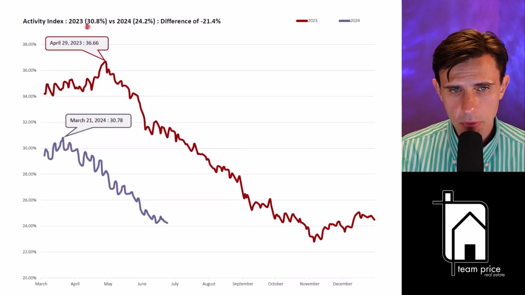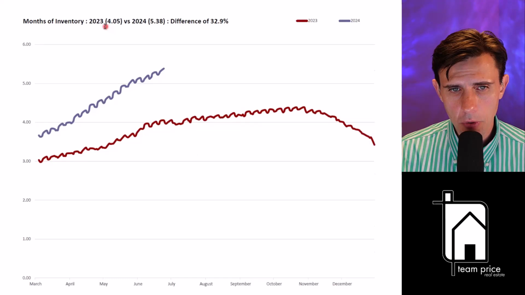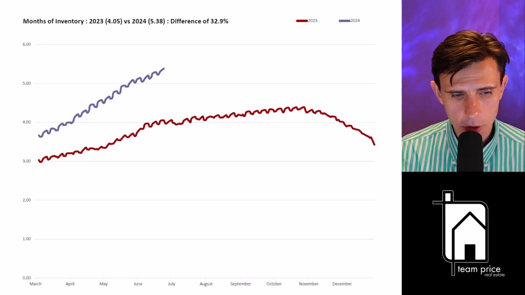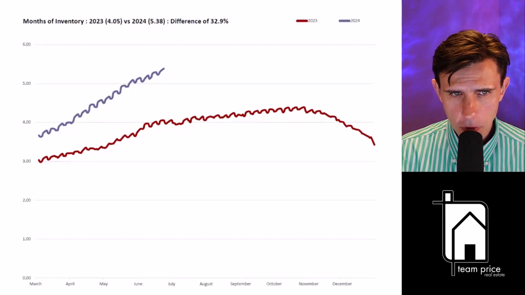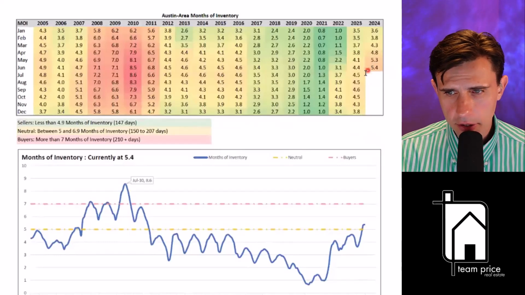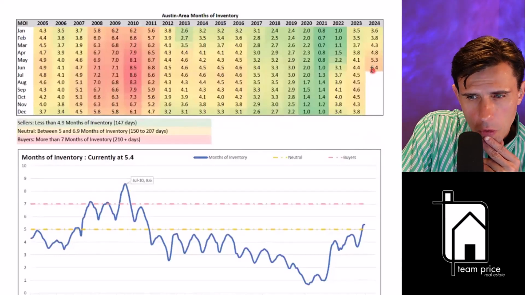Activity index, we were at 30.8% last year. We're at 24.2%. And months of inventory, we were at 4.05 last year. We're currently at 5.38 months of inventory. So this is 5.38 right here. It rounds up to 5.4. So this is where we are on inventory.